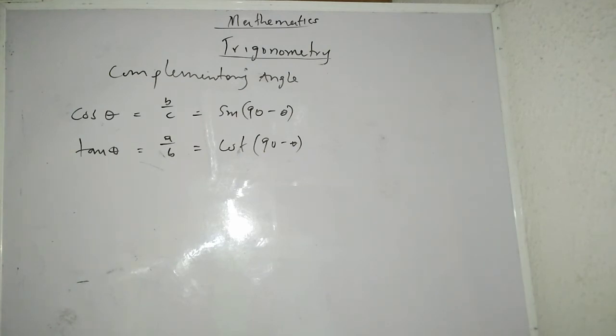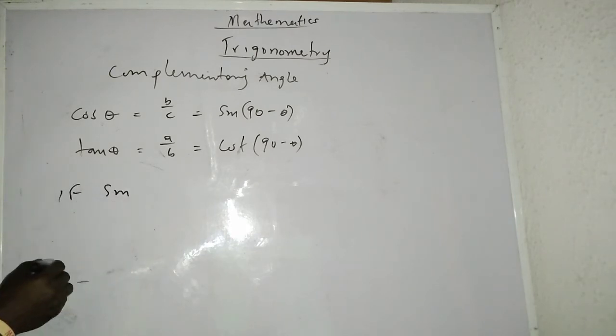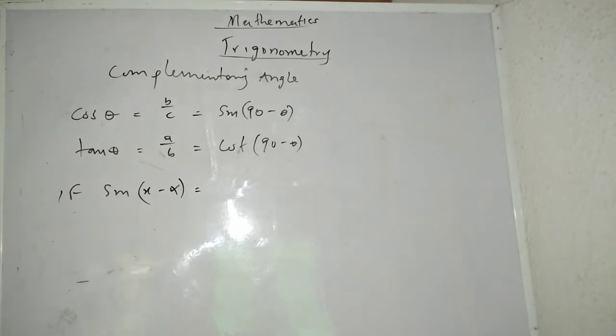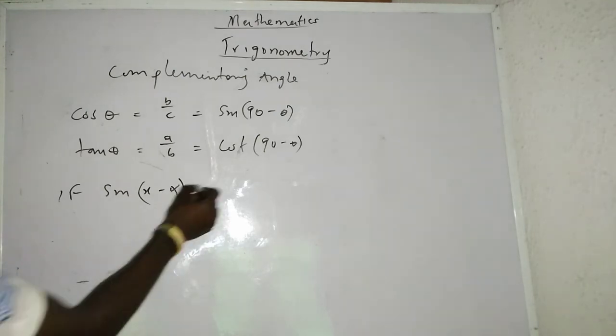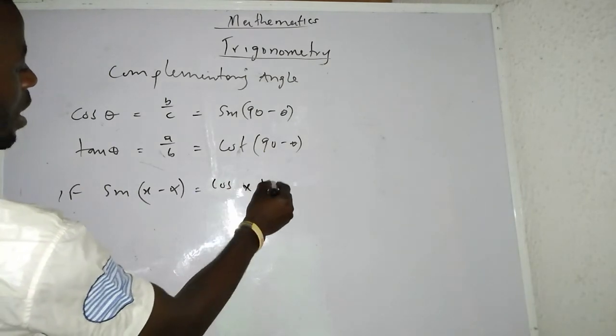Sine, tan and cot and cos, that is what I want to explain. For instance, if something like this is given to us: sine of x minus alpha equals cos of x plus alpha.